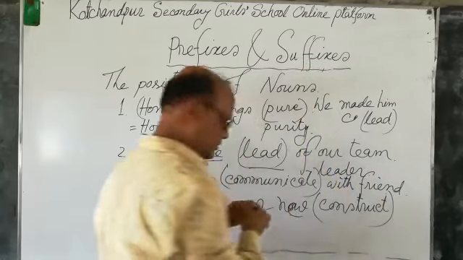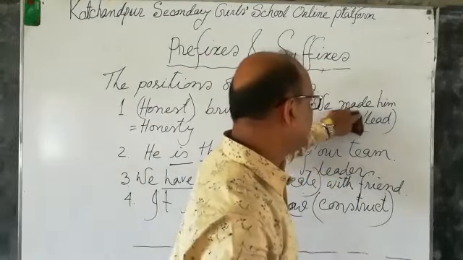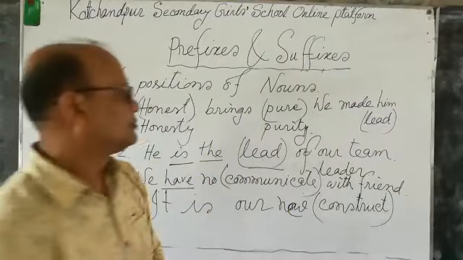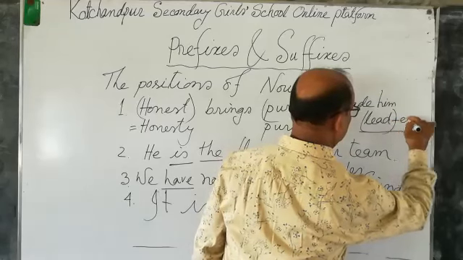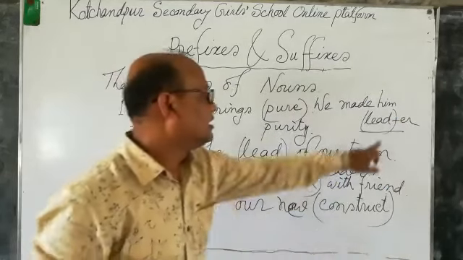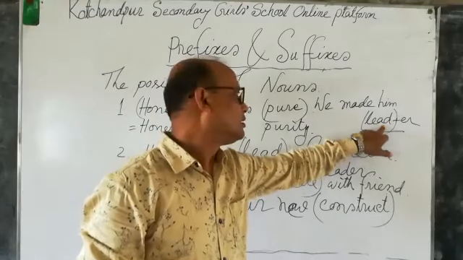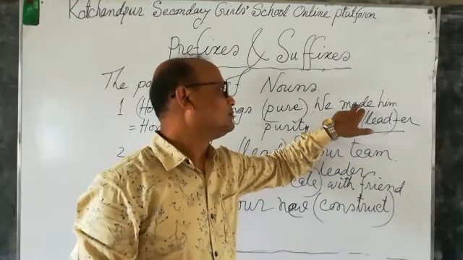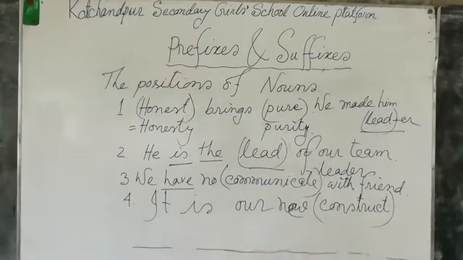We made him leader, which is called factitive object. Here, leader is complement of transitive verb made.